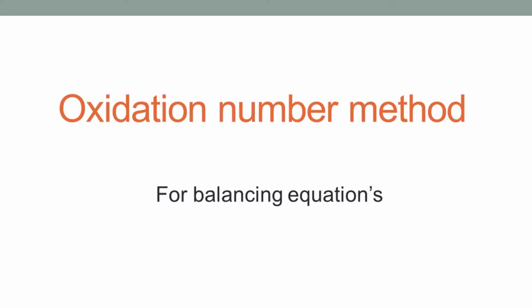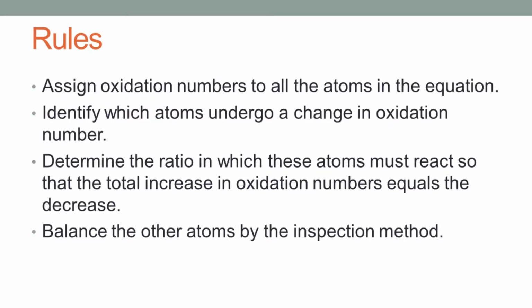This is the next method. It's called the oxidation number method. It can be applied quite frequently in most of the reactions that you use if you identify the oxidation numbers. Here the molecules will be completely neutral molecules, unlike in the previous case. The first thing would be to assign oxidation numbers to all the elements in the equation.